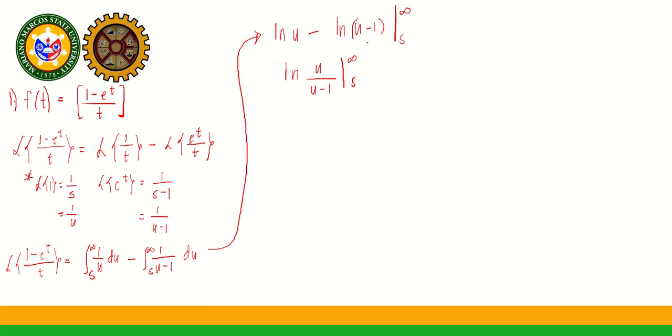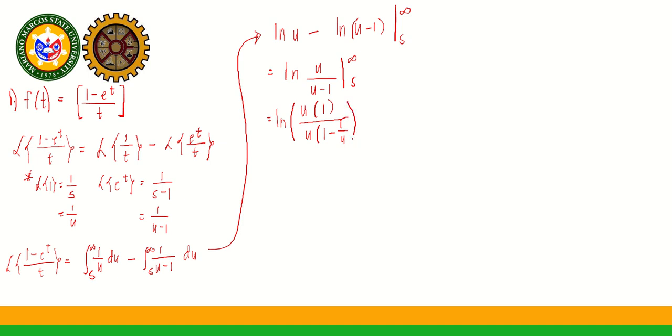So, from there, we can factor out u from the numerator and the denominator. So, this will be equal to ln of u times 1 over u times 1 minus 1 over u.